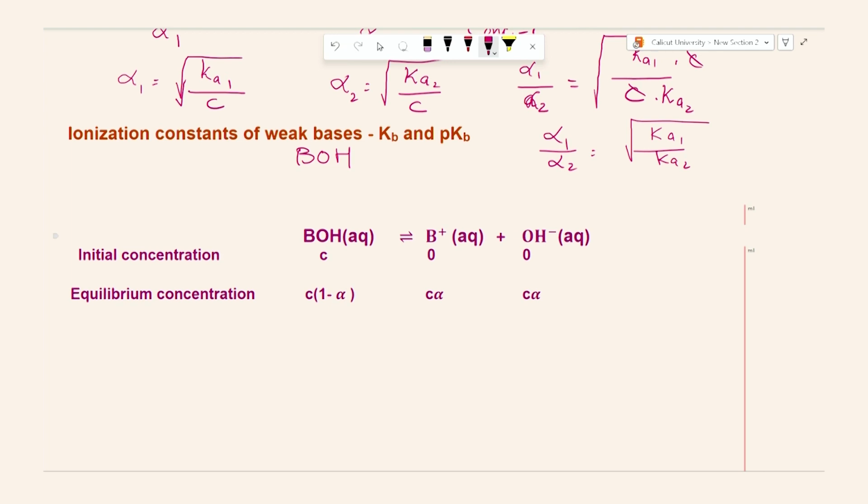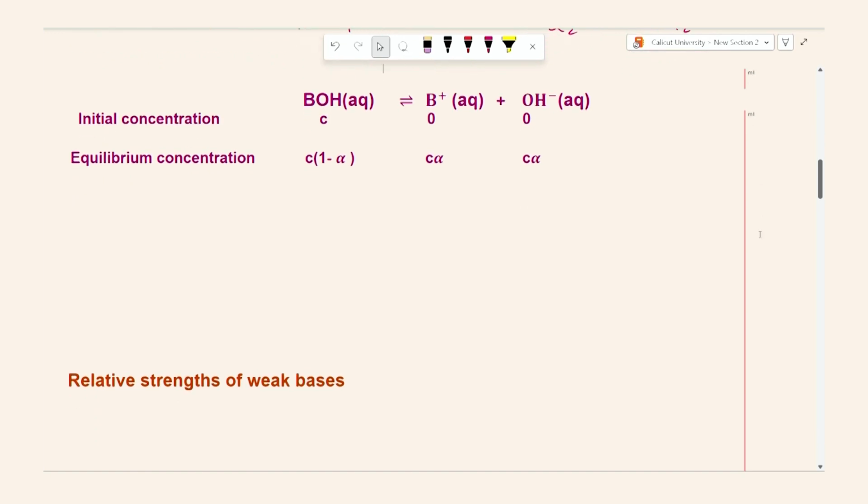Initial concentration, just like the above case, is C moles per liter and you have 0 moles at the initial stage, and at equilibrium, if I consider alpha as the degree of ionization, we get C into 1 minus alpha, the other two will be C alpha and C alpha, same explanation which I had given for the acid itself.